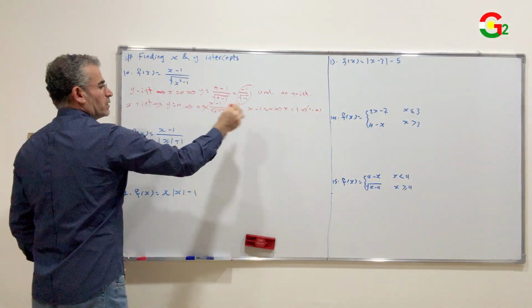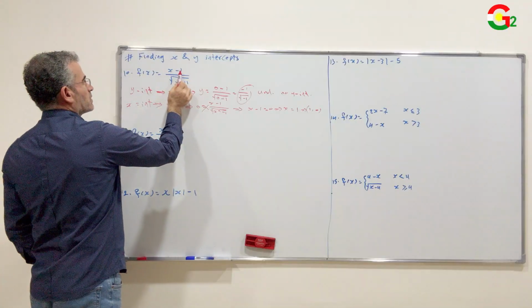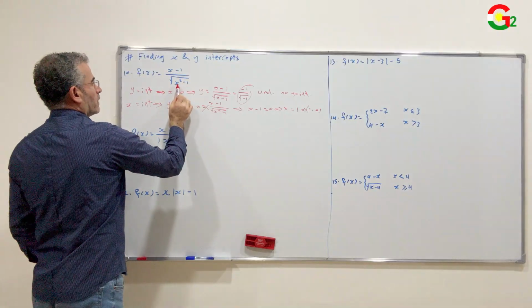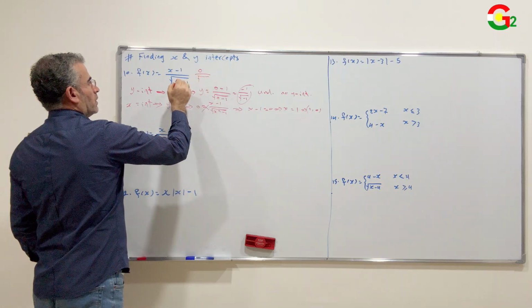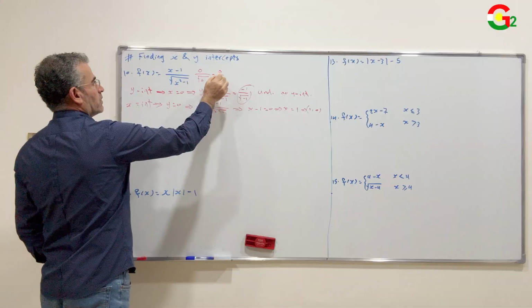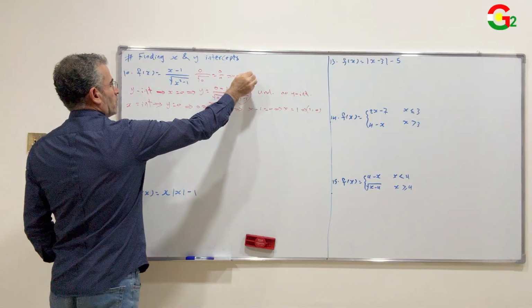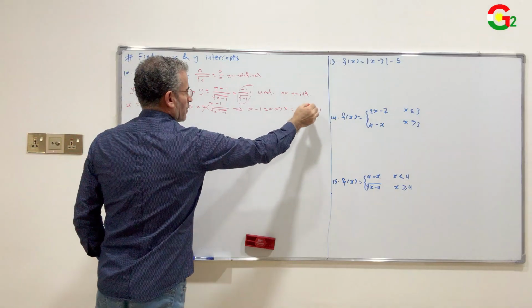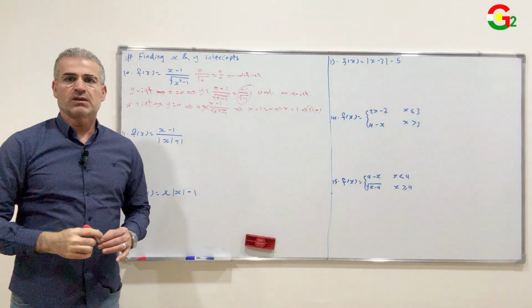But if we substitute 1 to check this point, 1 minus 1 is 0 over the square root of 1 power 2 minus 1, also 0, so 0 over 0 is undefined, it is not 0. Then this point is not an x-intercept. The function has no x-intercept.